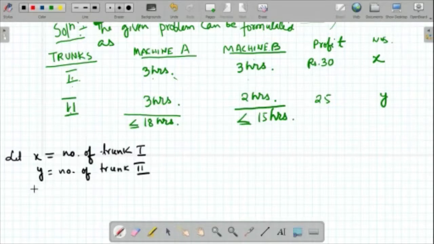And what is our z? Z is the total profit.